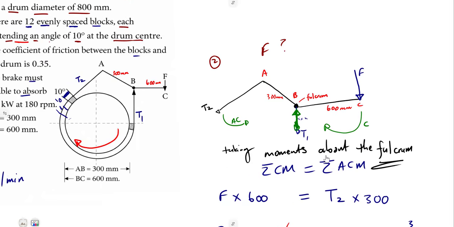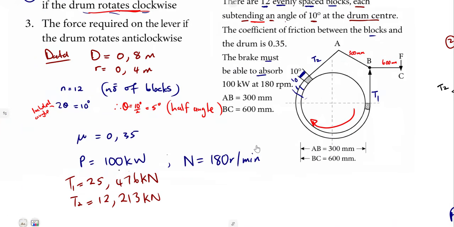So the second part, you see that now they want us to consider the same force required on the lever, but this time if the drum rotates anti-clockwise. So when it is anti-clockwise, this is going to change, guys. The movement has changed.